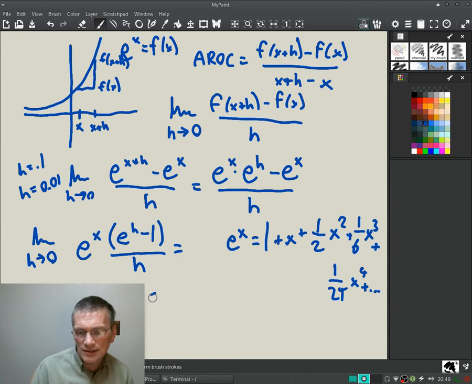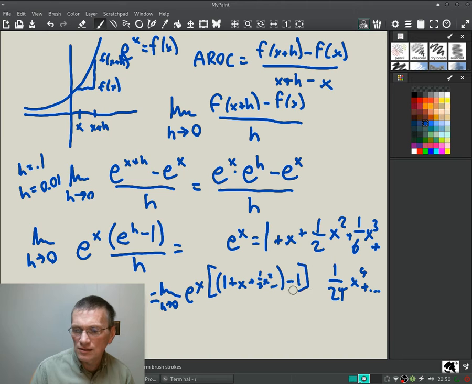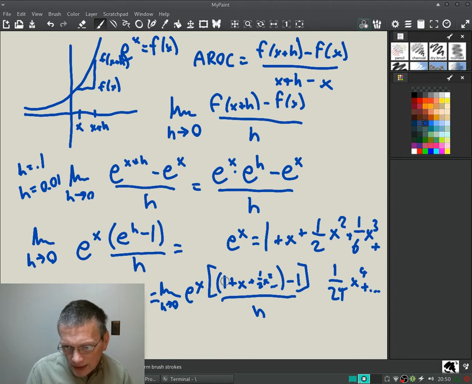So we write our limit again. E to the x times, let's put in 1 plus h plus 1/2 h squared, minus 1, over h. Alright, this simplifies.